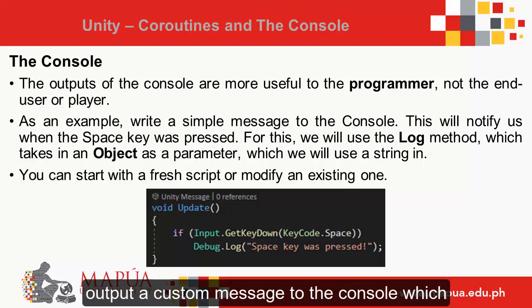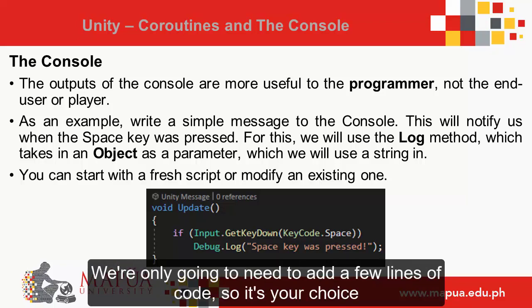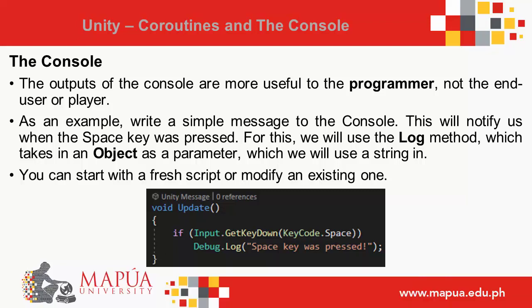Now let's try to output a custom message to the console, which notifies the programmer when the space key was pressed. We're only going to need to add a few lines of code, so it's your choice if you would like to create another script or modify an existing one.